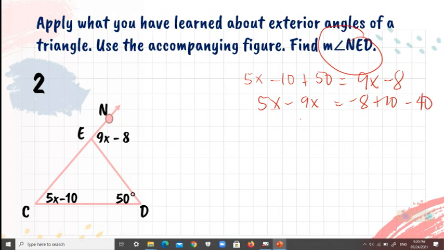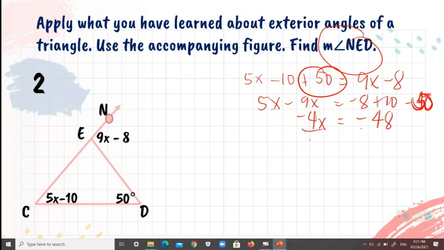Then 5x minus 9x is negative 4x equals, you are going to add this. So let's change this to 50 as we have here 50 as our given. So we will have here negative 48. Again, this is negative 50.